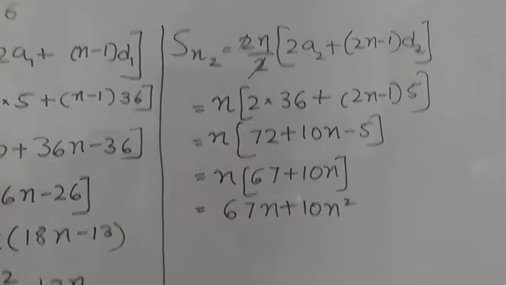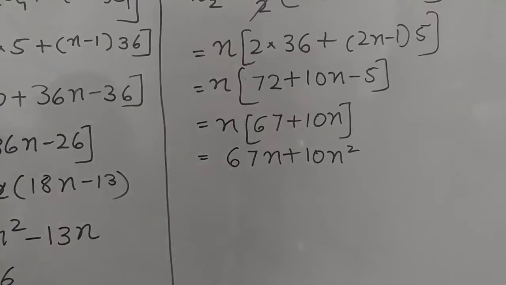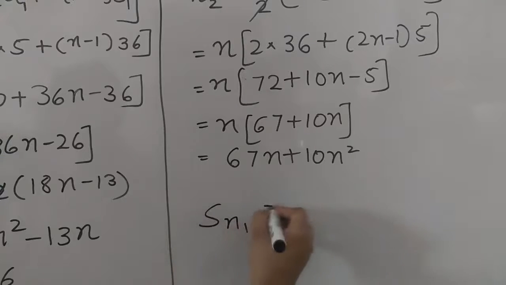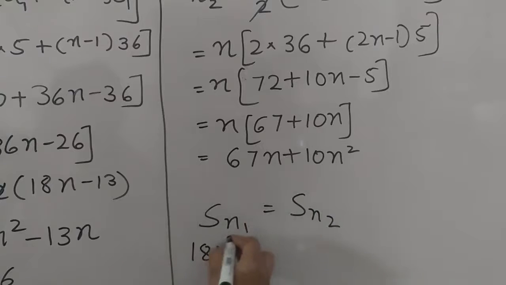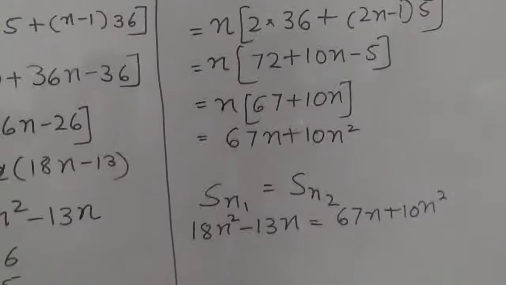Now it is given in the question that the sums of both APs are the same. Then we have to write like this: Sn1 is equal to Sn2. So on the left hand side Sn1 value is this and Sn2 value is this. According to the question we are solving all this.